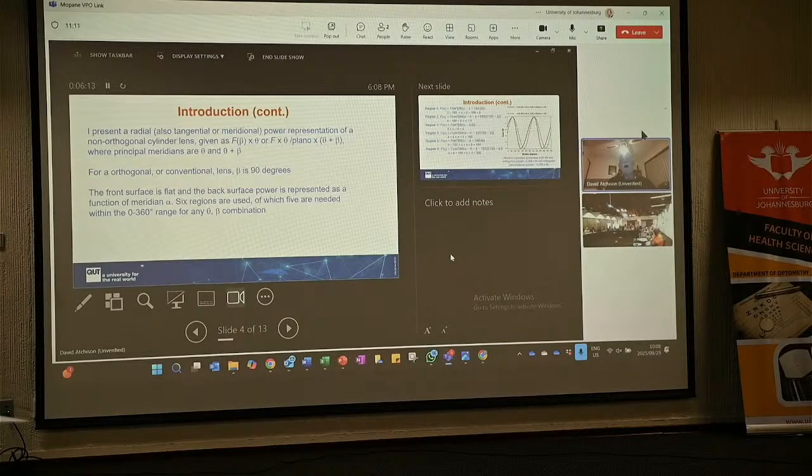Another way of putting that is to put it as two fractions. One side would be S times theta, and the other side would be plano at an angle of theta plus theta. And if you had an orthogonal, conventional lens, theta would be 90 degrees.